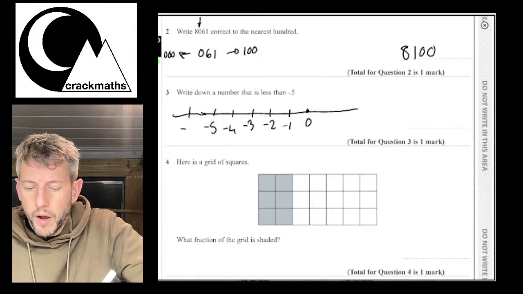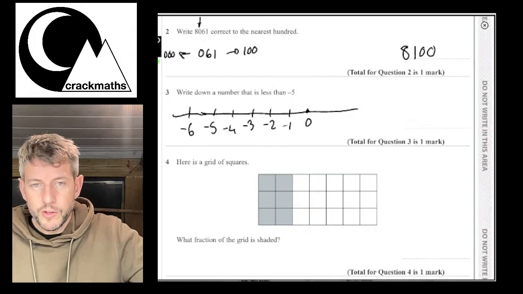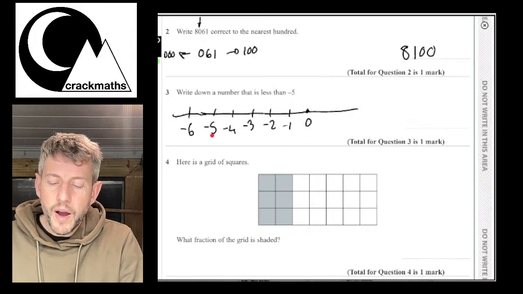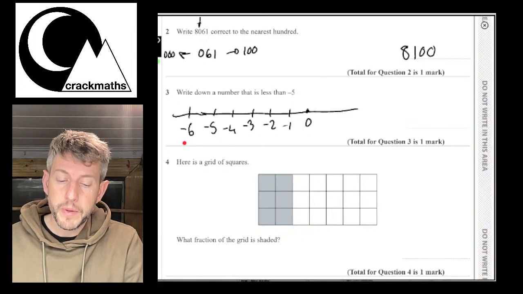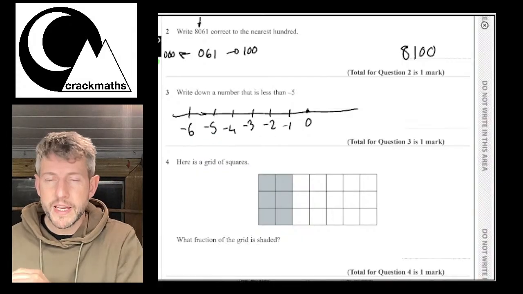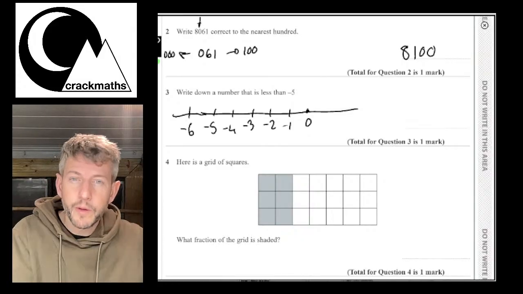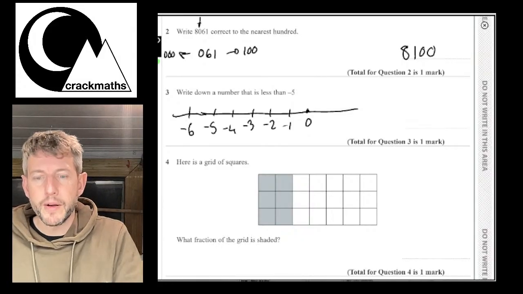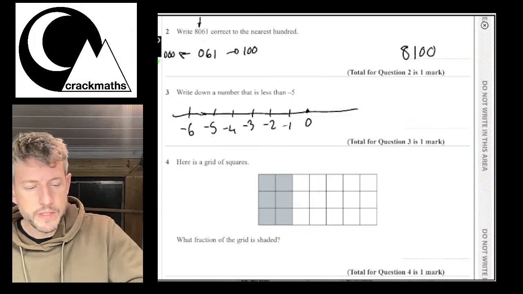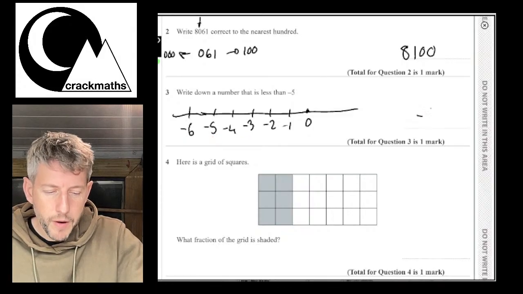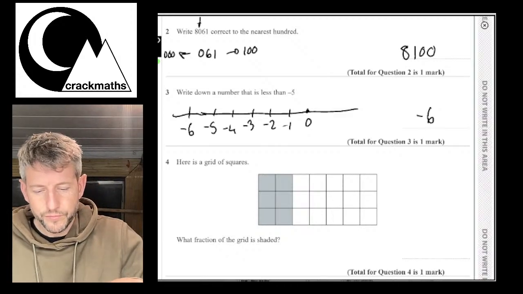So -6, this is the funny thing, -6 is technically less than -5 because it's further away from 0, so it's still got further to go until we've got to 0. If you had -£6, you'd have less money than if you had -£5, okay? So we could have here -6.